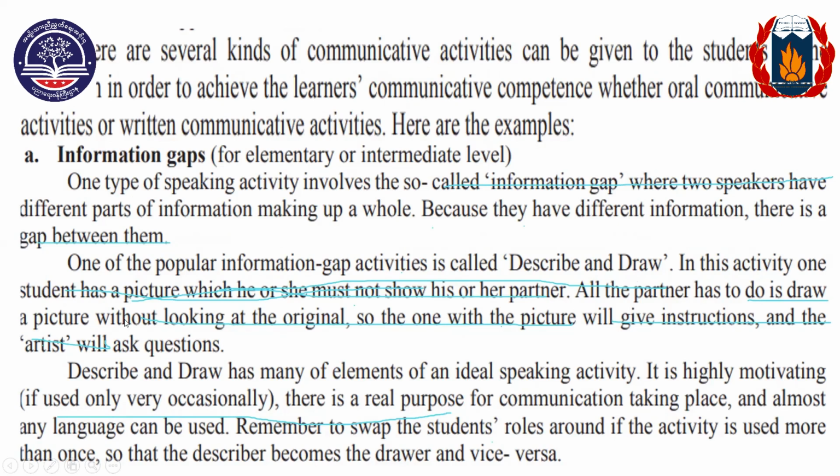In this activity, one student has a picture, and the other student has plain paper. The student with the picture will describe the picture, but he does not show the picture to the other student. The other student will draw according to the instructions of the student who has the picture. So this is describe and draw.